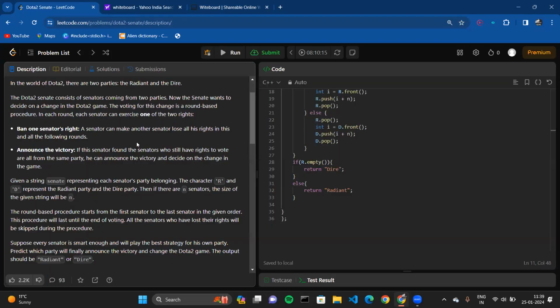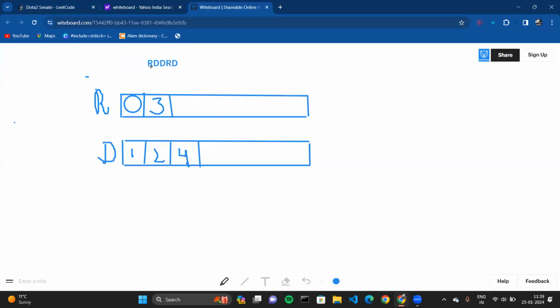A senator can make another senator lose all its rights in this and the following rounds. That means if I am R at this particular moment, I can take one of these D's voting rights. Now, if there are no D's, then I can declare R as winner. That's all. That's the problem.